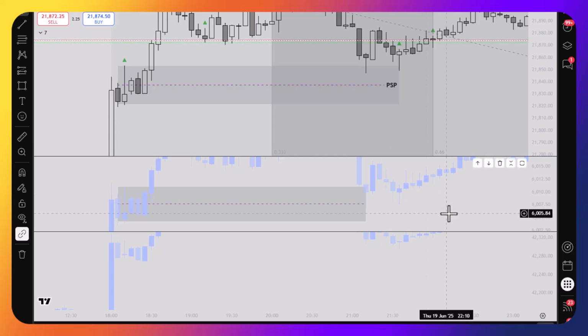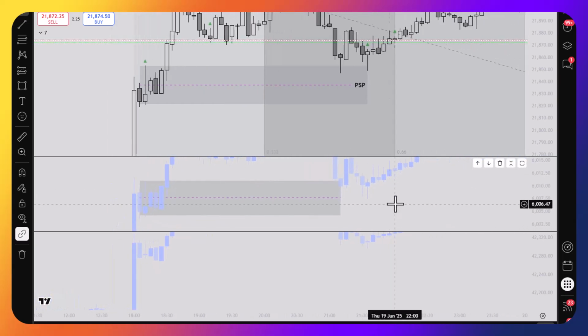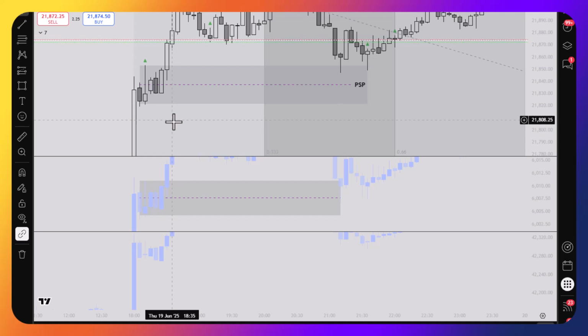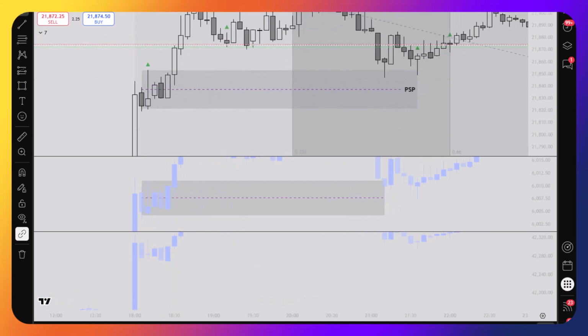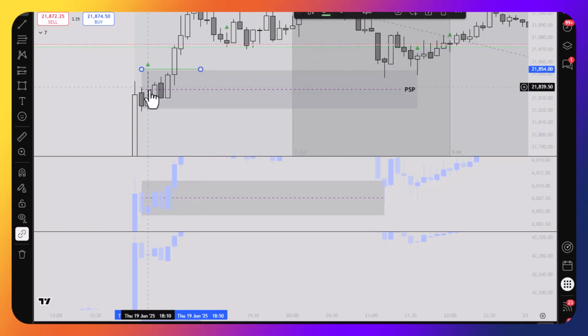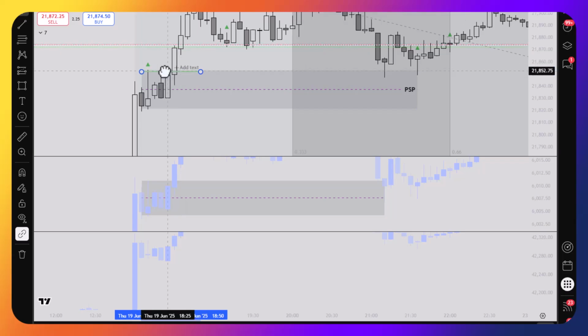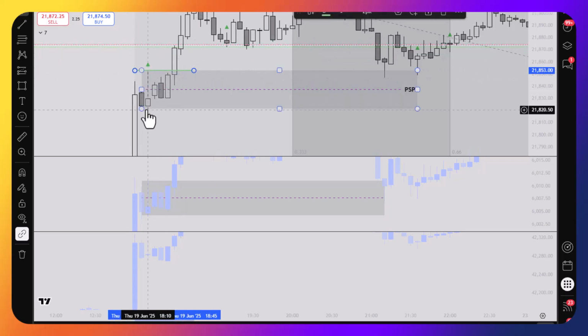From a quarterly theory perspective, the swing point is going to provide either continuation or reversal. In this case, we had candle closure above the PSP, and that indicates we want to stay bullish bias and buy retests of this candle.